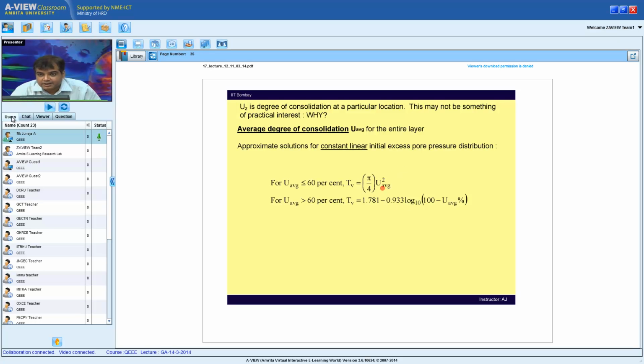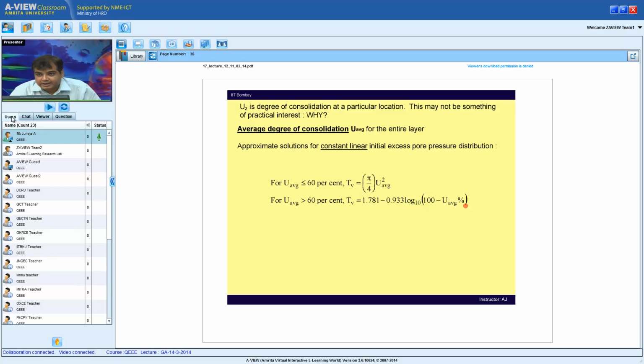Okay, this is ratio. For U average more than 60%, TV is defined as 1.781 minus 0.933 log to the base 10 of bracket 100 minus U average. Of course, this is 100 minus, so this U average should be in percent.